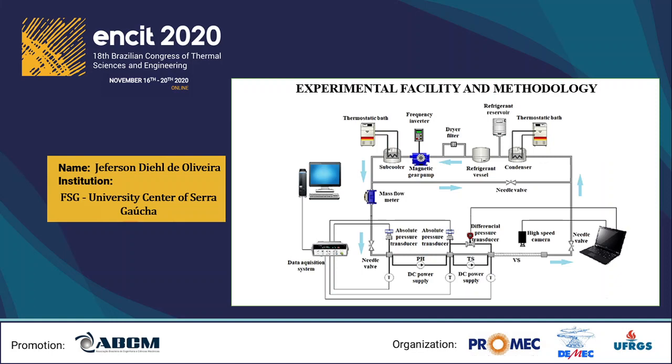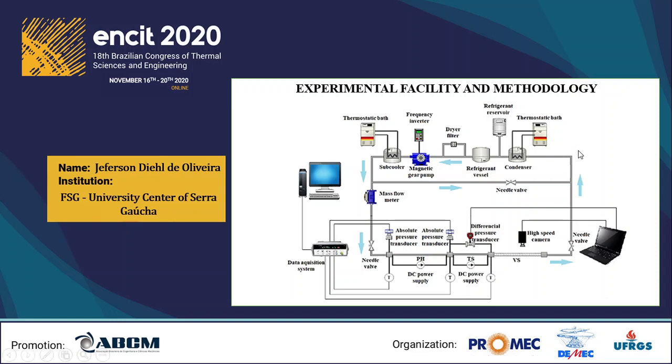Well, the experimental facility. We developed an experimental setup to investigate flow boiling, pressure drop, and flow patterns in a horizontal small channel. The experimental system consists of a loop that provides controlled mass flux, and it was designed to test different fluids under a wide range of flow conditions.